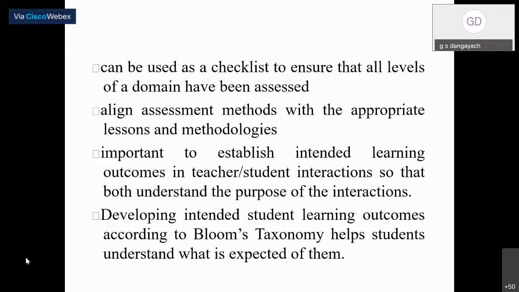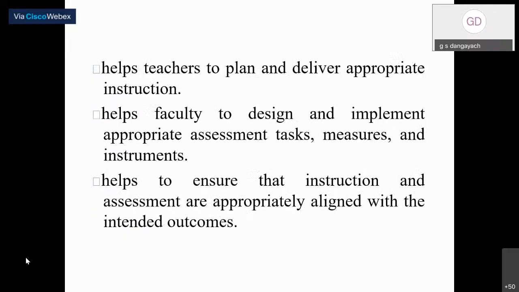Developing intended student learning outcomes according to Bloom's taxonomy helps students understand what is expected of them. It helps teachers to plan and deliver appropriate instruction.